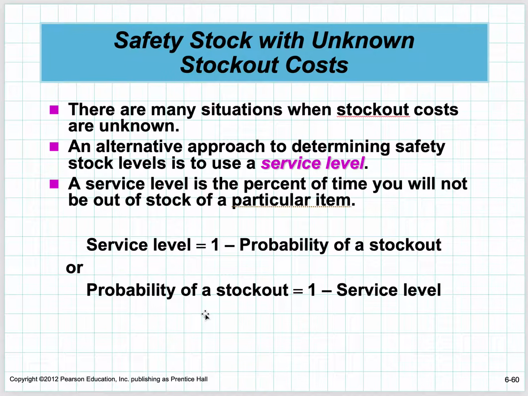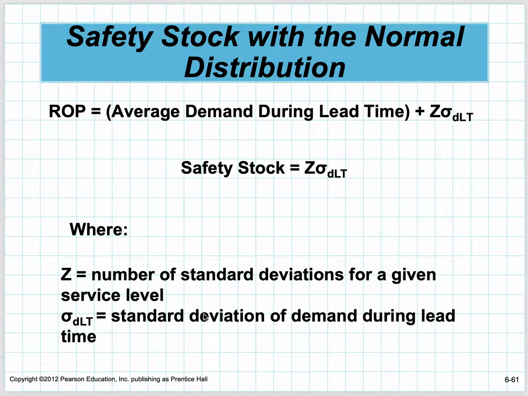During that lead time, we want to provide a 95 or 99% service level. In other words, 1 minus that is your stockout. So the probability of stockout is 1 minus the service level. So we really want to look at the service level. And so the safety stock is equal to the standard deviation of the demand during the lead time.